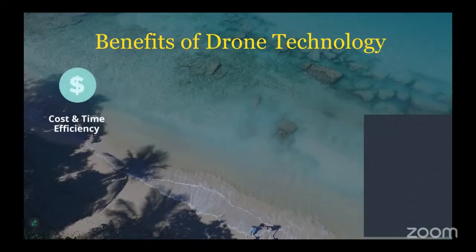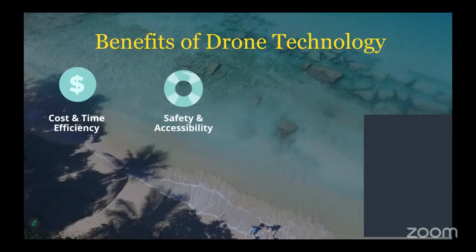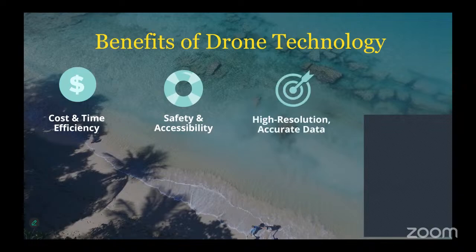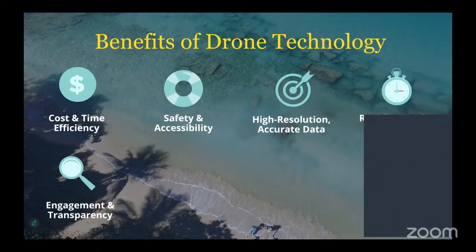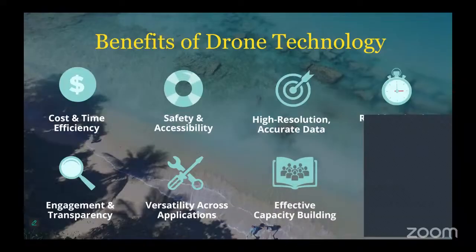So most of us today are very well aware that drones can help save us time, money, improve safety and accessibility, as well as provide timely and accurate data. But what sets them apart, and what is central to my work over the last years, are four benefits. Drones make data collection participatory and transparent, can be used across sectors and scales, build local capacity and understanding, and are directly aligned with national commitments and global goals.